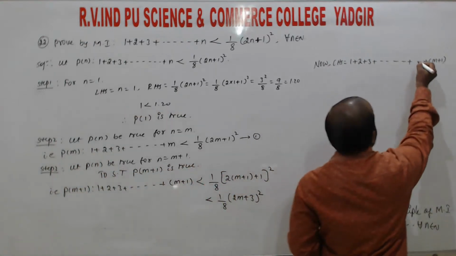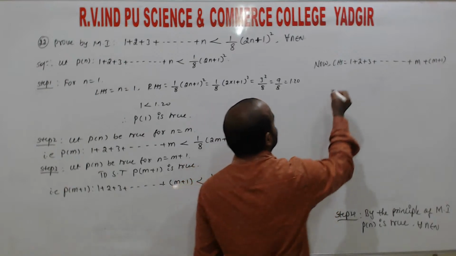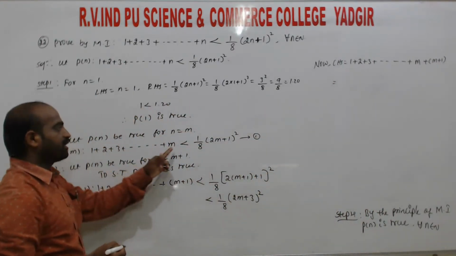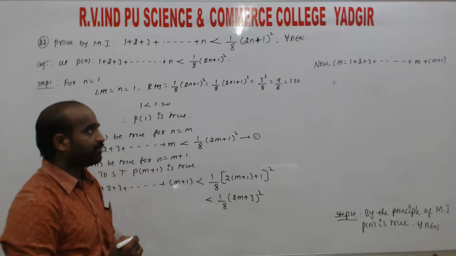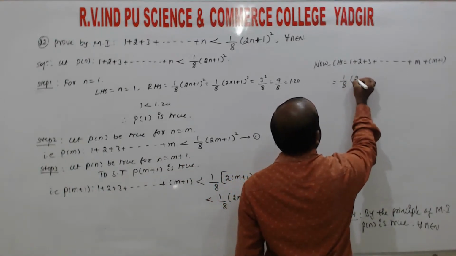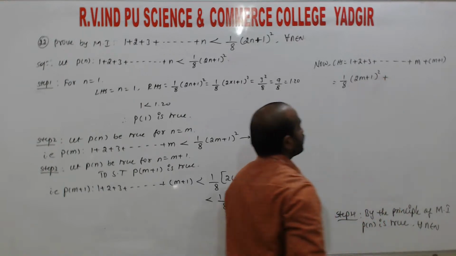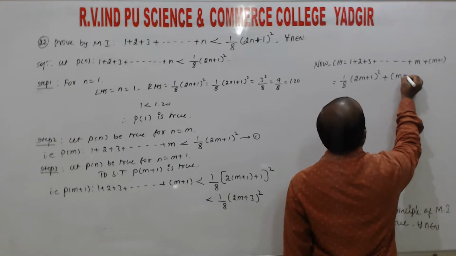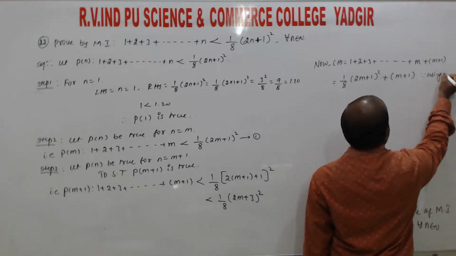The previous term up to m, you know, 1 plus 2 plus 3 and so on up to m is less than 1 by 8 into (2m plus 1) whole square, plus m plus 1, using equation 1.